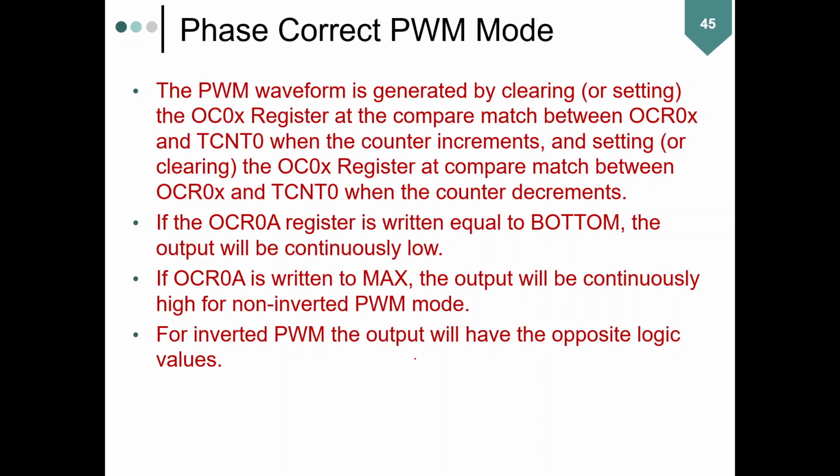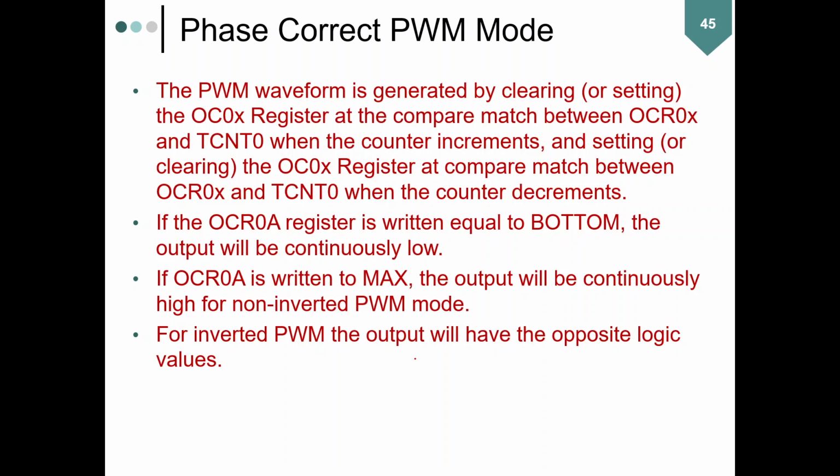Now, the last few things about phase correct PWM mode. The PWM waveform is generated by clearing or setting the OC0 register at compare match between the output compare register 0 value and the timer count 0 value when the counter increments, and setting or clearing the OC0 register at compare match between OCR0 and the timer count 0 when the counter decrements.